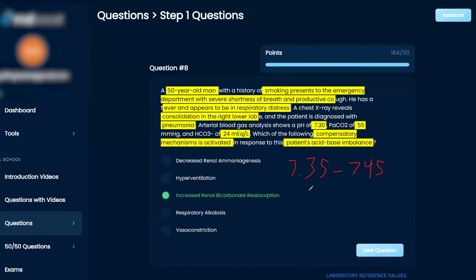I think it's 33 to 45, but I want to say 40. I just know if it's in the 20s, it's low, and if it's in the 50s, it's high. I use the number 40, but they say the normal range is 35 to 45.